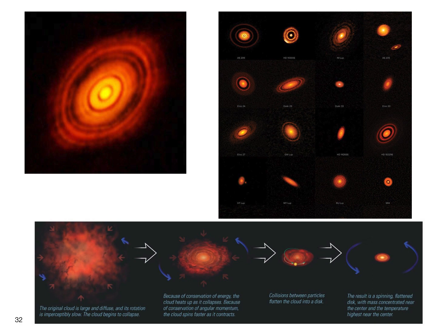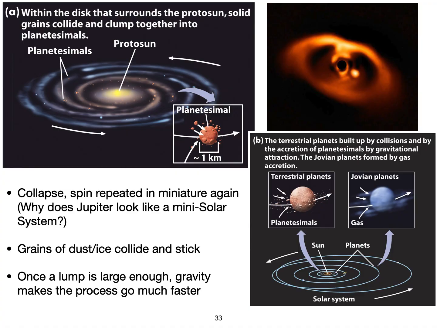Okay? And so we think that planets basically form similar to how these stars form. When you have a large nebula, pieces of the nebula start collapsing, they flatten and they spin to form a disk.